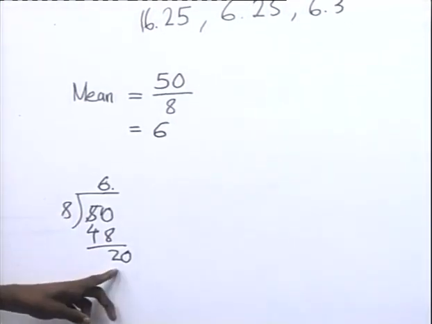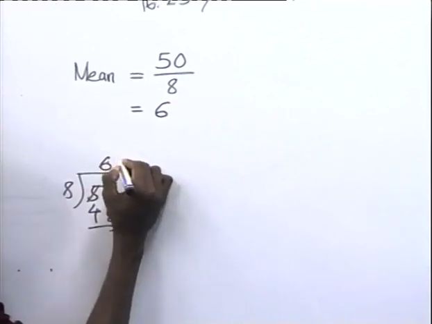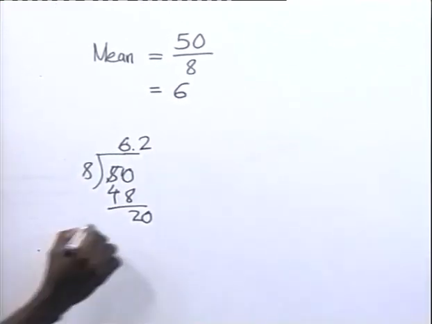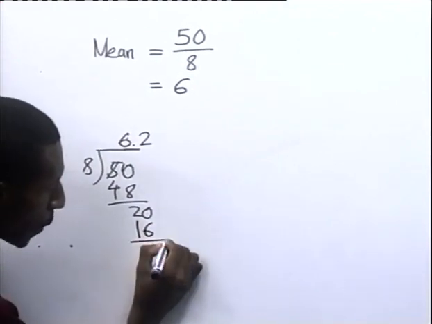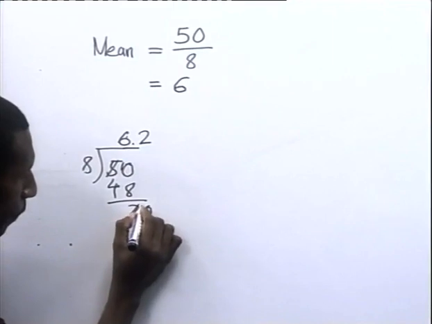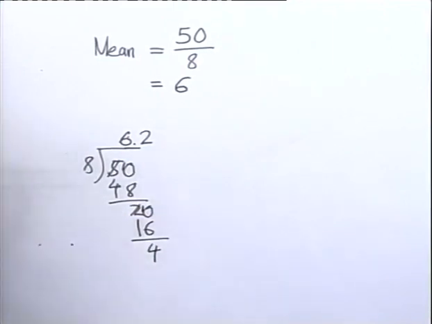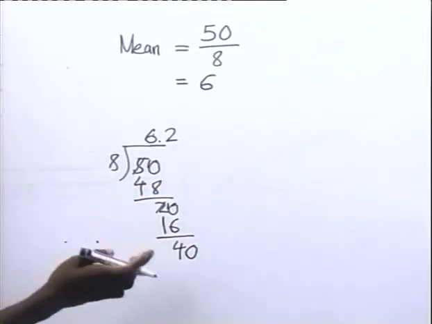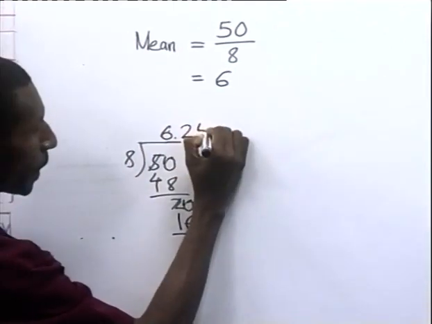So 8 into 20 is 2. 2 times 8 is 16. How many remainders? 4. 8 cannot divide by 4, we add 0. So 8 into 40 is 5.